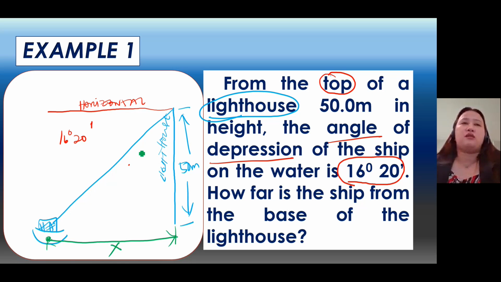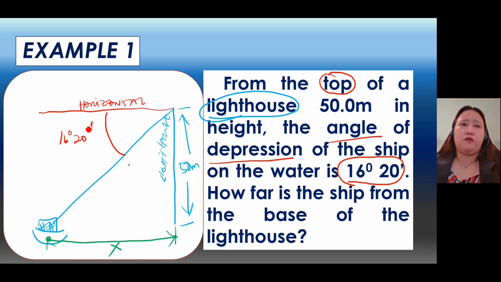You can see in our illustration that we already have a right triangle here. But of course, our angle is on the upper portion, which is the angle of depression. So it is up to you which triangle you would like to consider. If you have the angle in this portion, you can just complete the triangle on the upper portion.